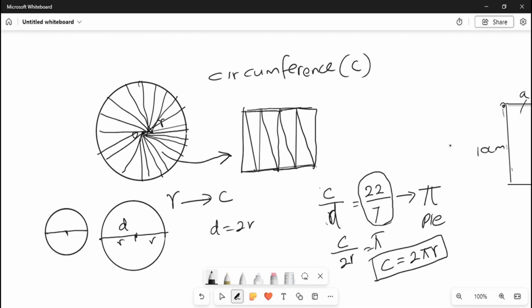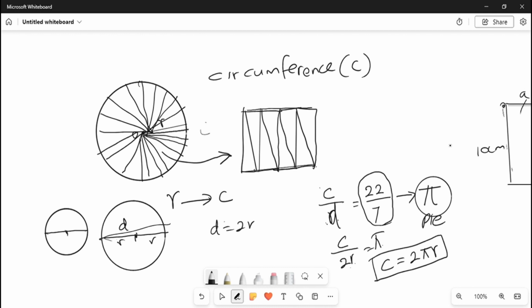Again I tell you, the circumference of the circle is called C, diameter is called d, C upon d is always the same number. Whatever circle, circumference divided by its diameter, we got 22 upon 7. So that number was a constant number. It was called pi, and diameter is 2 radius. Therefore, C upon 2r is pi.